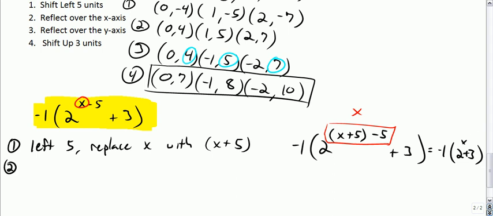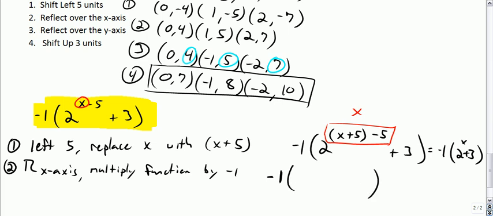Step 2: Reflect over the x-axis. So that is multiply the function by negative 1. So I'll go -1 times whatever I had before. What I had before is this, so I'll put that all in there.